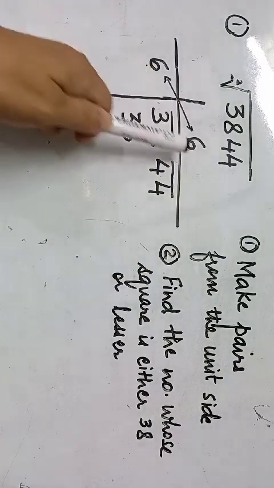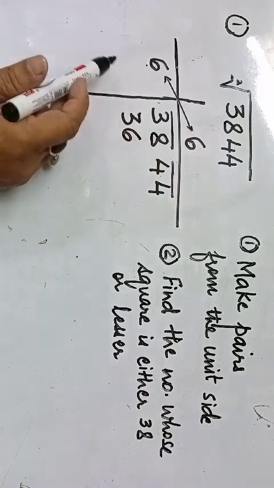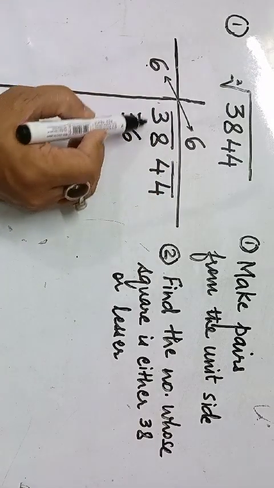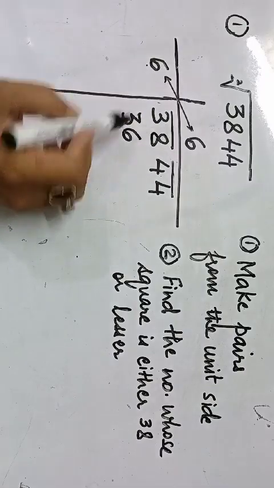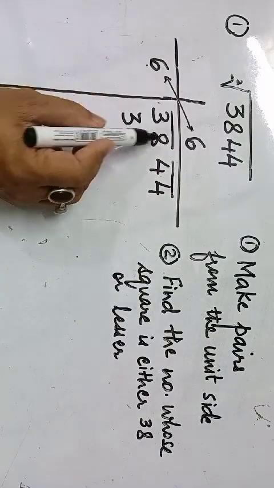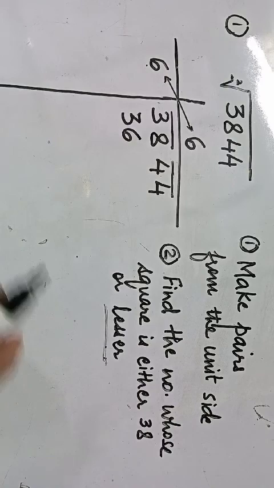That is why these two numbers have to be same. They may be 7 7, 8 8, 9 9, but they have to be same, depending upon what pair you have here. So 6 6 are 36. Had we done 7 7s, it would have become 49, which would have exceeded. So my number has to be either lesser or equal to that pair.